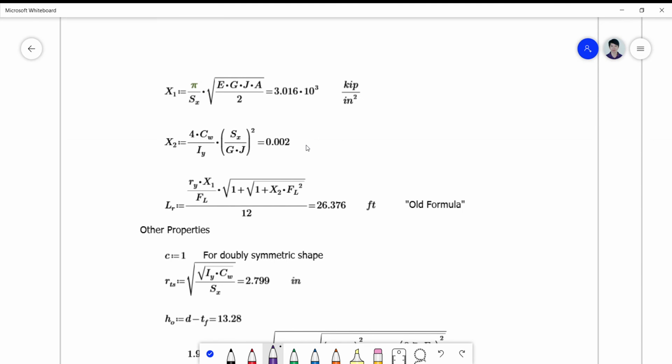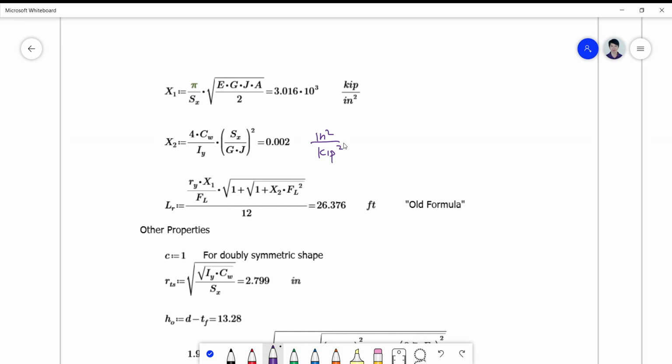Unit is in, I think, inch square cube square. Okay, so we will check that later.